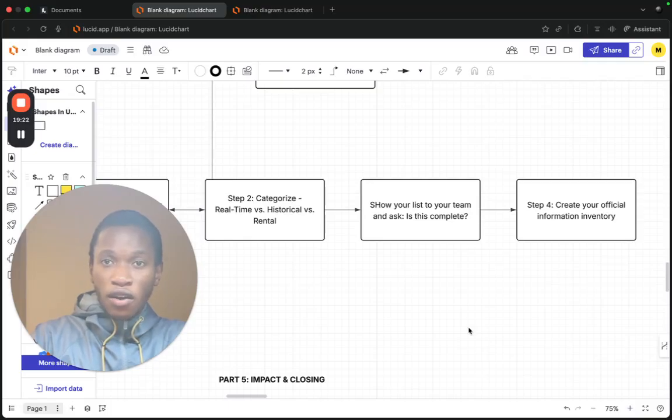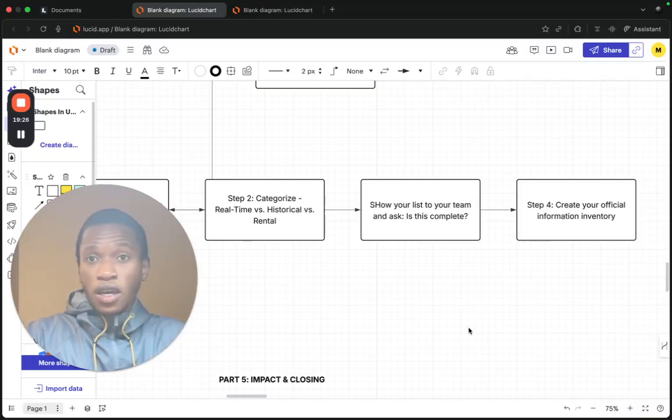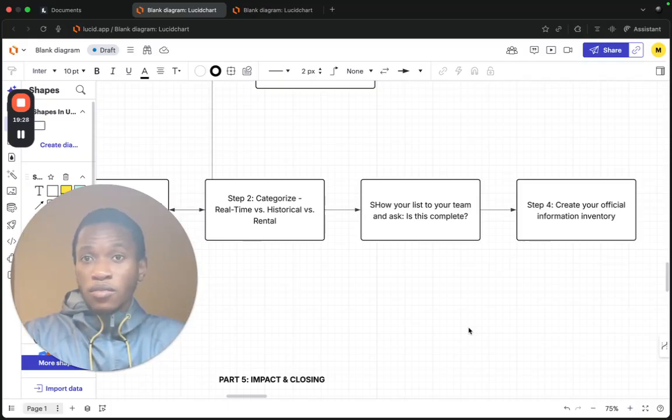you get engineering clarity, where you'll stop asking, where is customer data? Instead, you'll just check your inventory in 30 seconds. Then strategic decisions, where before you just bought random APIs which were expensive and the value wasn't clear, to buying APIs only if ROI is clear, and it aligns with your strategic mission.